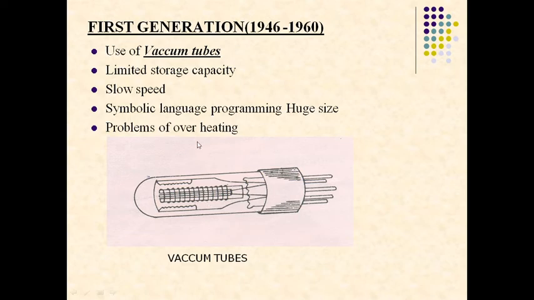Students, you can see here they used vacuum tubes, limited storage capacity with slow speed, symbolic language programming, huge size, and problems of overheating. This is the first generation: computers came with vacuum tubes between 1946 and 1960.